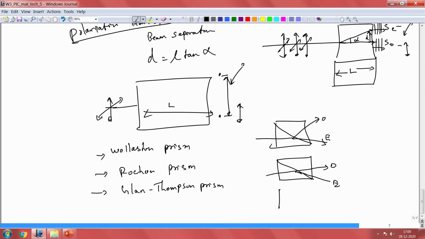In the Glan-Thompson configuration, perhaps you must have done this in introduction to photonics or optics courses, you have a very large difference. This is ordinary and this is extraordinary. So this is Glan-Thompson at the bottom, then you have Rochon, and then you have Wollaston. You can see why Glan-Thompson is much more popular. The reason is that there is a 90-degree shift in the direction of propagation, so it is orthogonal.